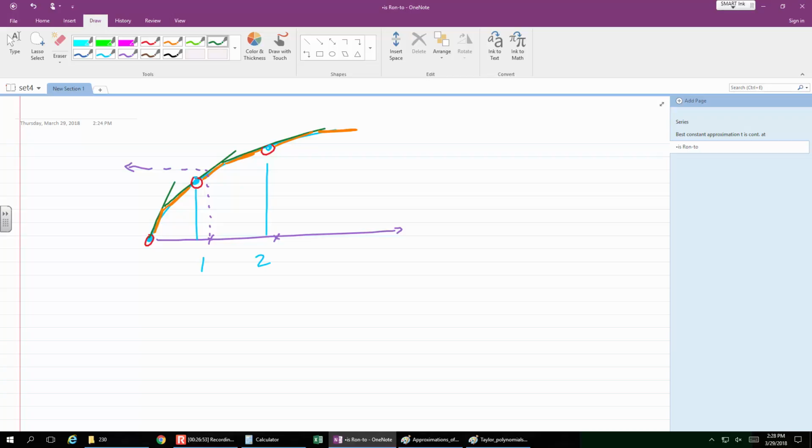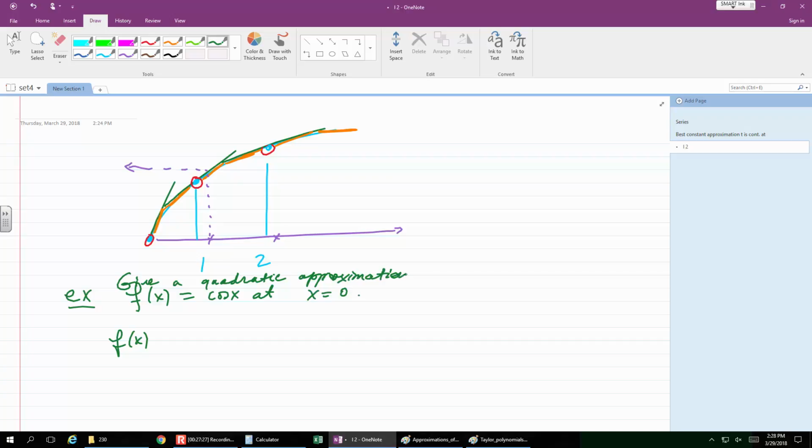So let's do one more example of quadratic approximations. I'll take the cosine. Differentiation is very simple here. Give the quadratic approximation of f of x equal to cosine x around x equals 0.